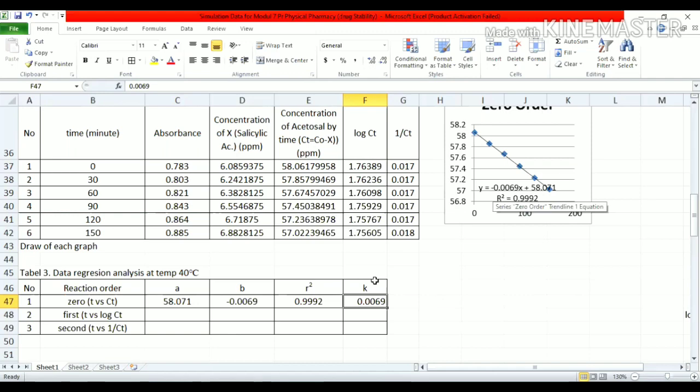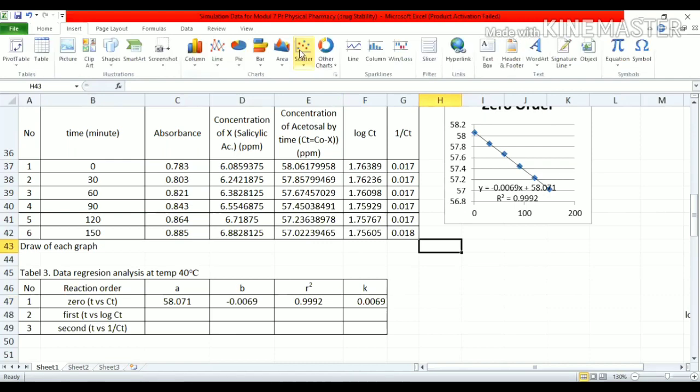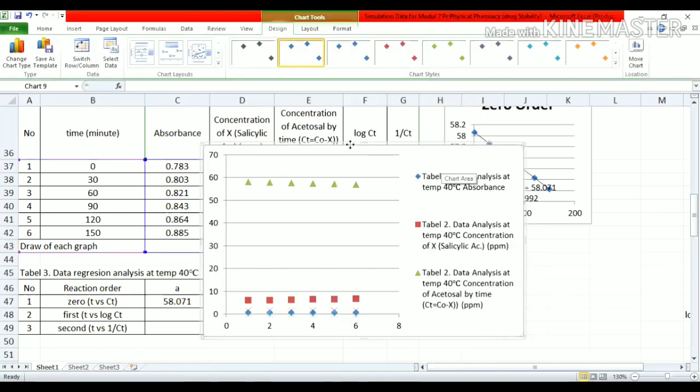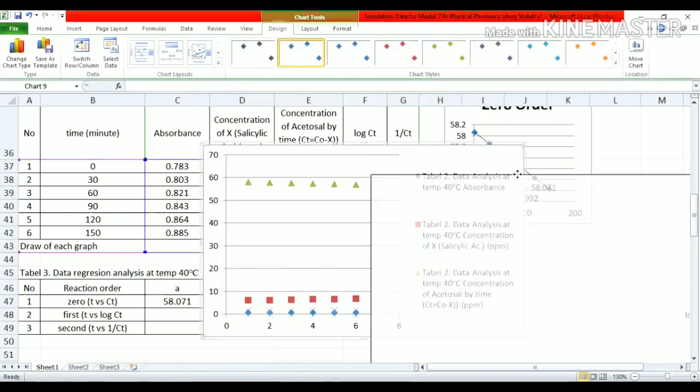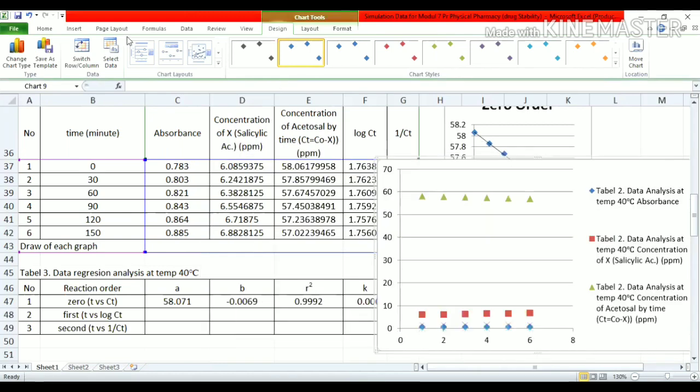Because of this, we have to remove all the data first, and add the new data for the first order.